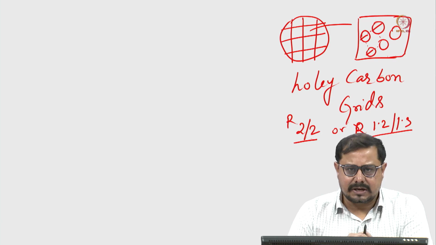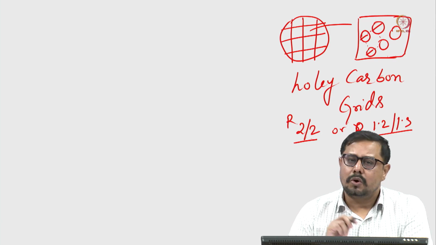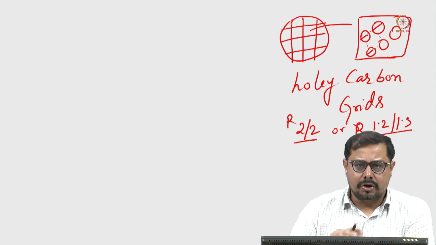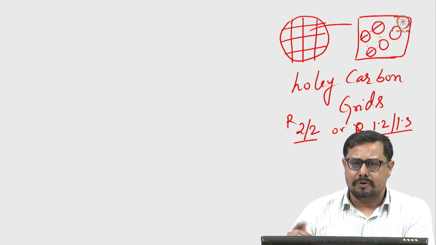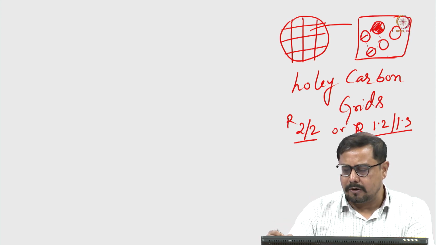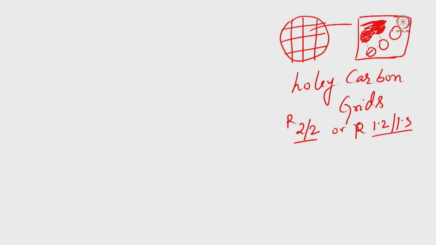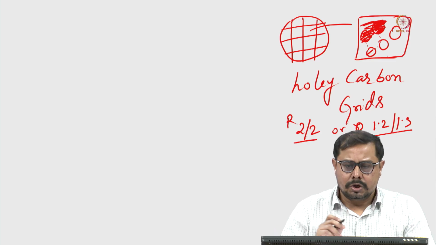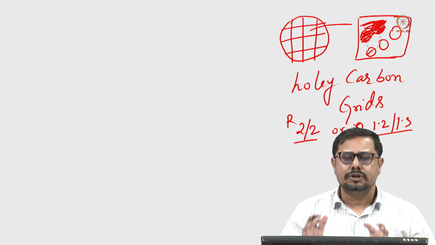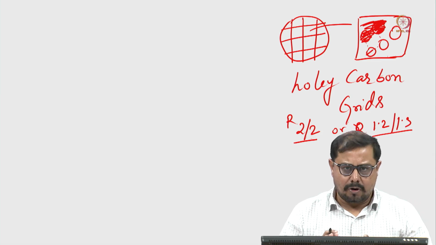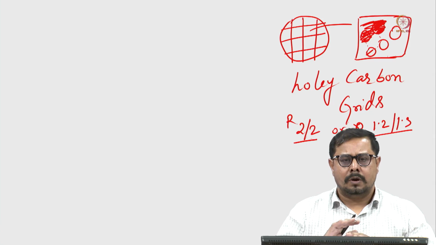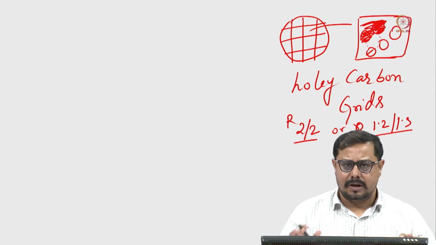Whenever we freeze a cryo sample, always remember that we want to use a holey carbon grid, not a continuous carbon grid. In a continuous carbon grid, those holes will not be there; the holes will be covered by amorphous carbon, and then there will be a Formvar coating. So holey carbon grid is very important whenever we do normal cryo-EM freezing.